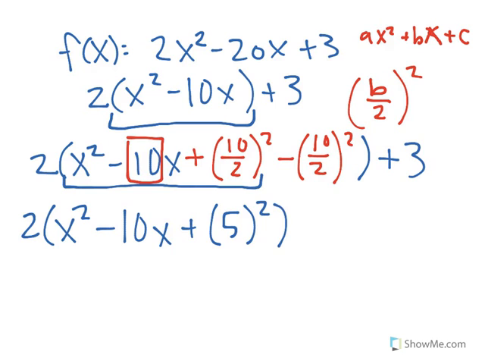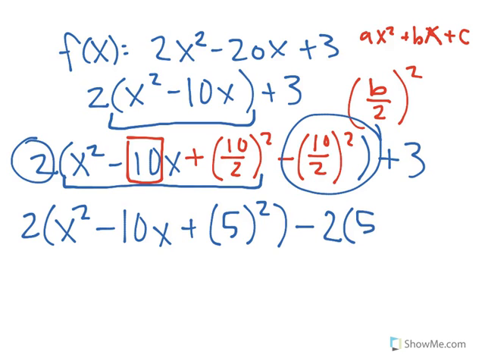And we're pulling out the negative (10 over 2) squared. When we're pulling this out, we have to multiply it by 2 because we're pulling it out of the parentheses. So we're going to have negative 2 times 5 squared plus 3, right?